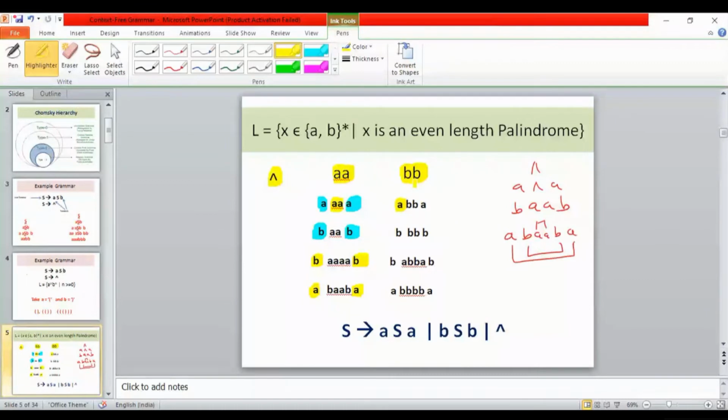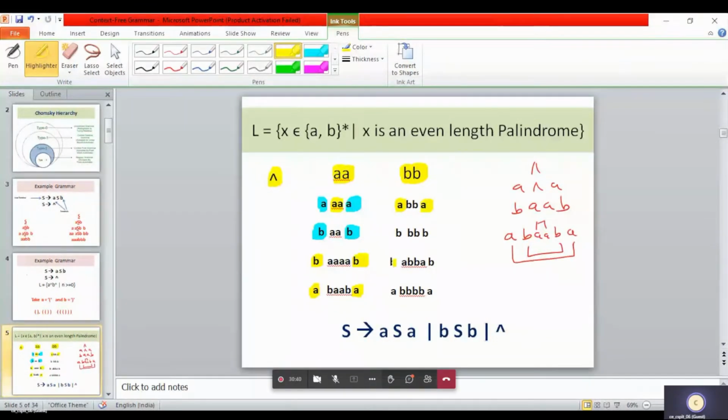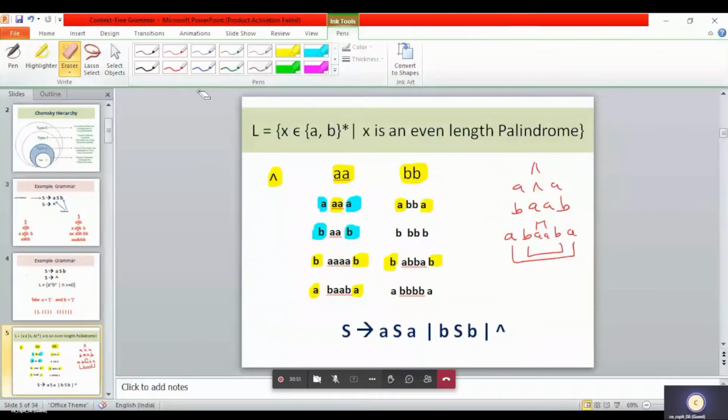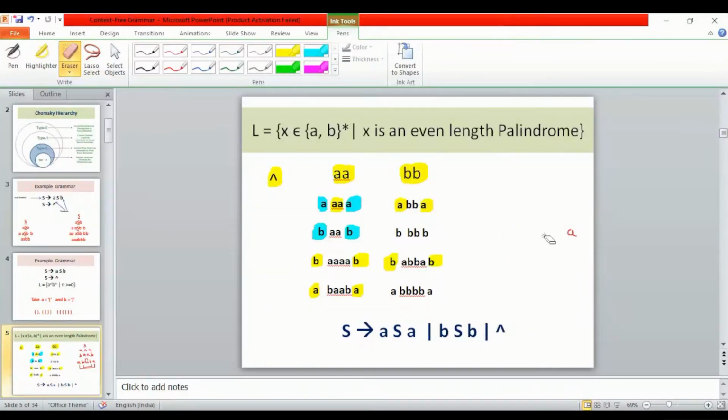For BB, if I append A and A, we get ABBA. Then further, if I append B and B, we get B, ABBA, B. So we are getting this set of palindromes. Now if I want to write a grammar, we know that we must have equal symbols on both the sides, and we have to apply that rule recursively.